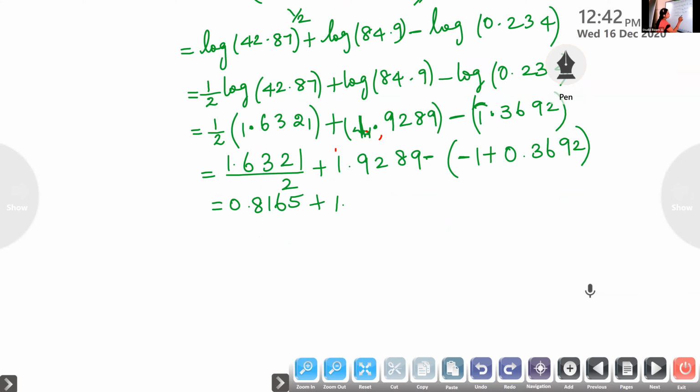Plus 1.9289. Now I'm opening the bracket, children. This minus is common for these two terms, so negative of negative becomes positive, minus 0.3692. Now add all the things and give me the final value. This value will be log x.